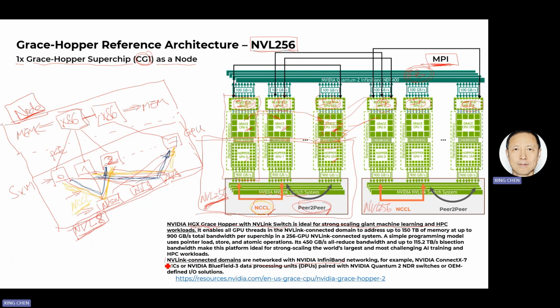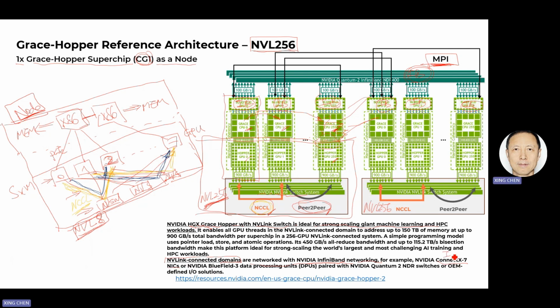It basically is saying that on this drawing, we have two NVLink domains, the left-hand side one and the right-hand side one. So NVLink connected domains, we have two NVL 256. NVLink domains are networked with NVIDIA InfiniBand networking. It mentioned two technologies, and we used ConnectX as an example because this is the InfiniBand.